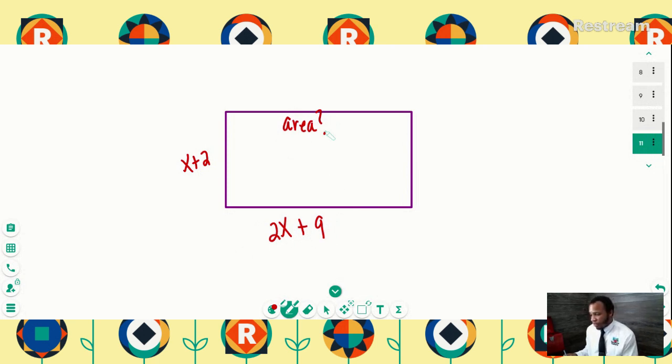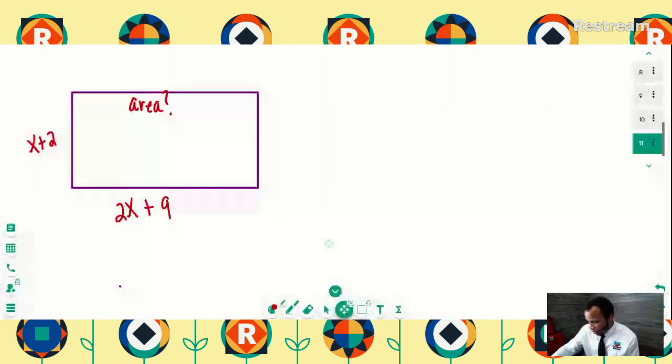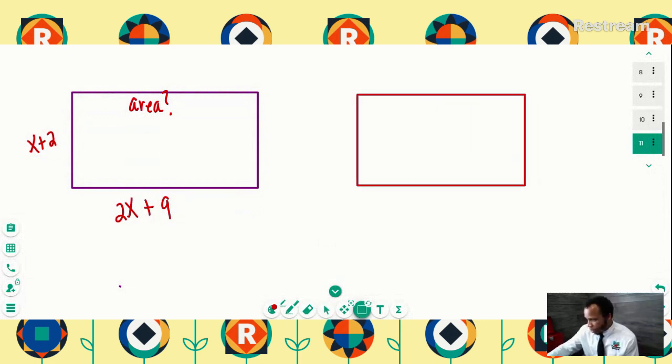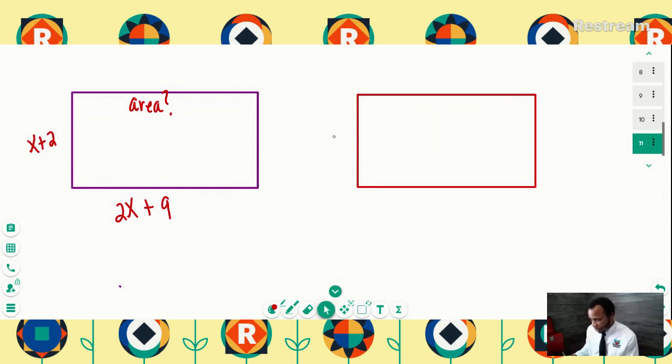Don't let it confuse you, because just like if these numbers weren't here, I'll take this same shape and slide it over. The only thing I'm going to do here is change this to a 2 and change this to a 9.